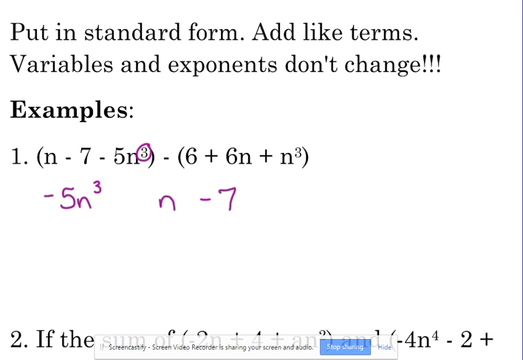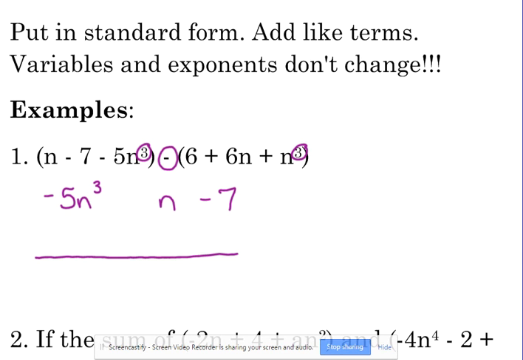Now, since this is a subtraction problem, when I write down the next expression, I'm going to change all its signs. I'm looking for the n cubed.